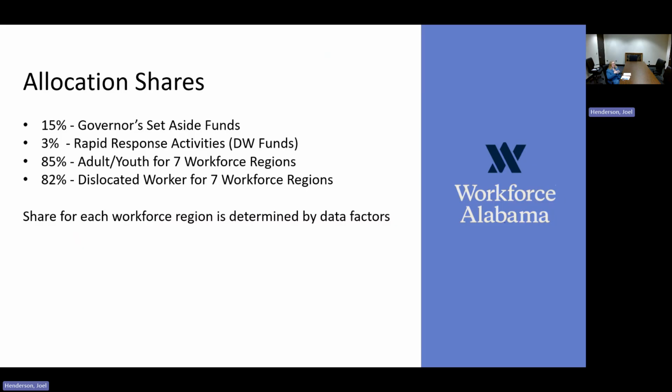The state is allowed to keep up to 25% of the funds for rapid response activities, but we only keep 3% so that we can put more funds out to the regions. What that translates into is 85% of the funds received from USDOL are distributed out to the 7 workforce regions for adult and youth, and 82% is distributed out for dislocated worker.